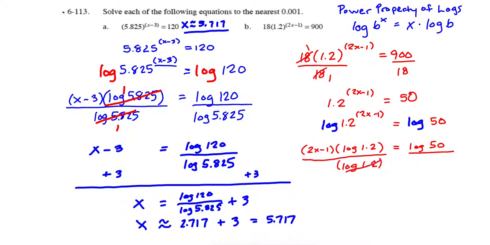Remember, same factors. So we've got 1 over 1, leaving us with 2x minus 1 is going to equal, and then we need to do it to the other side, the log of 50 divided by the log of 1.2.